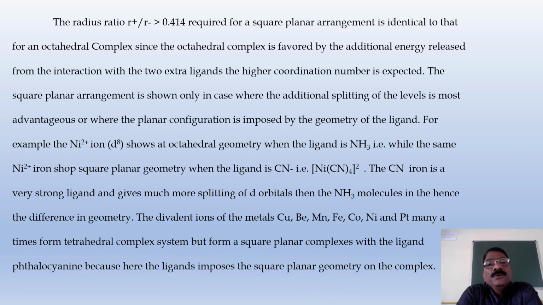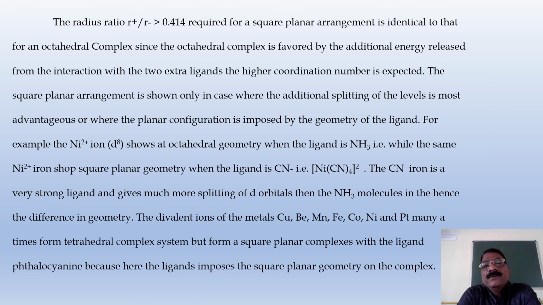The radius ratio plays an important role in the geometry of the complexes. The radius ratio, radius of cation upon radius of anion, required for the square planar arrangement, being greater than 0.414, is identical to that for the octahedral complex.